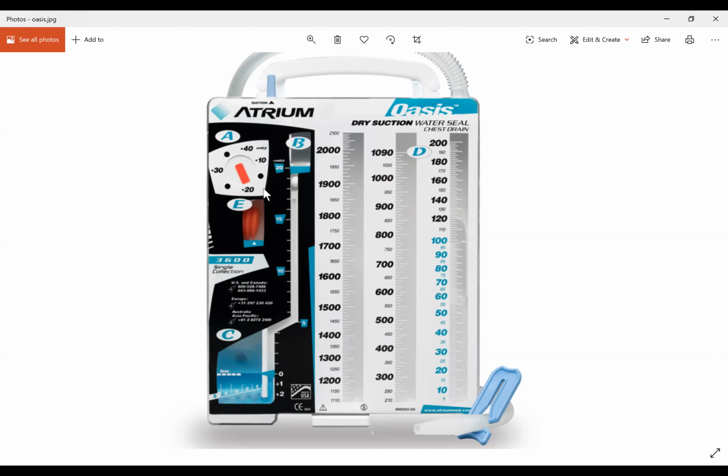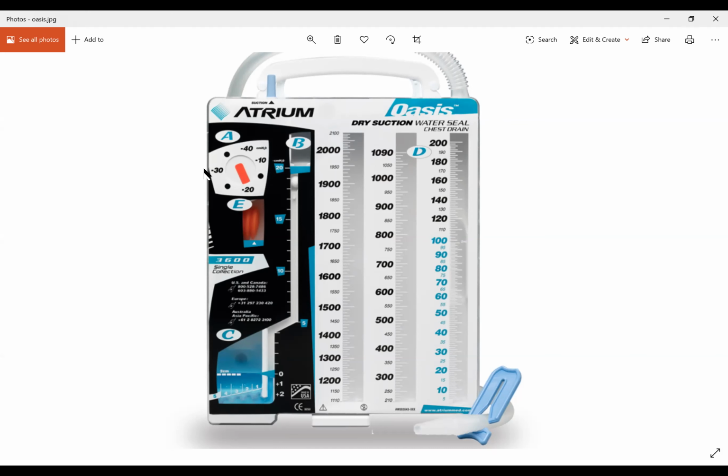The other difference between the wet and the dry, besides this one being dry: the dial is controlled by a ring over here on this side. So it's like the volume on an old radio when you change the dial on an analog radio.